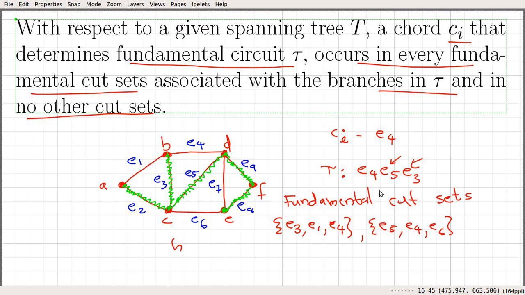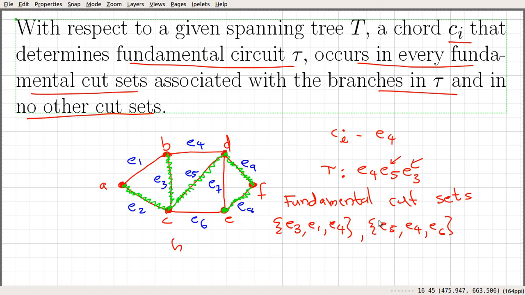Okay. So a fundamental cut set is a cut set which contains exactly one branch edge with respect to a spanning tree and possibly one or more chords. You can see that here. This particular cut set is determined by E3, and E1 and E4 are chords.